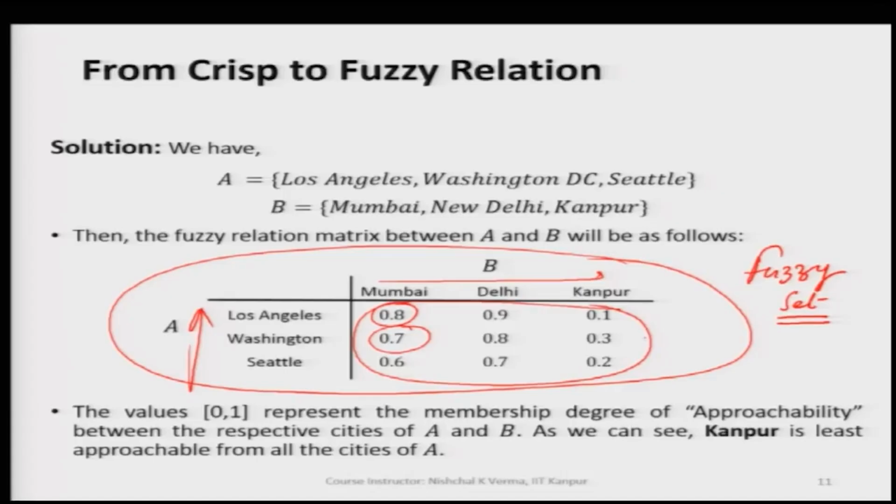So, here we have all these membership degrees as the degree of approachability. See here, in a more convenient fashion we can represent this when A and B are both fuzzy sets. If we take only crisp sets, it is very difficult because this kind of thing cannot be represented in Boolean logic.